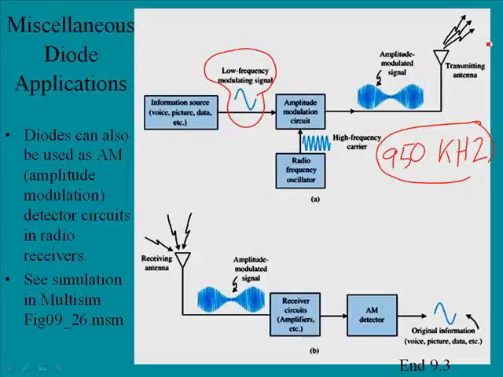Okay, so it's transmitted out, and then down here we are at the receiving antenna. The antenna receives this modulated signal, and then it's fed to the AM detector. I'm going to switch now over to another recording, and we're going to look at the AM detector with Electronics Workbench.